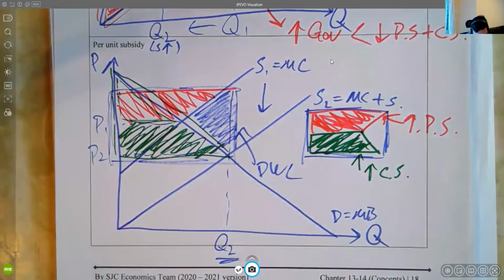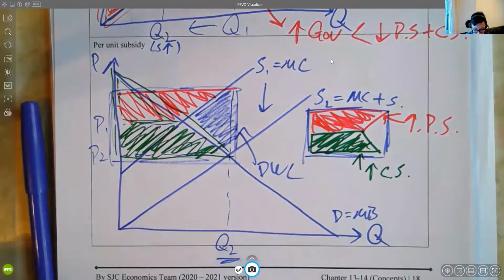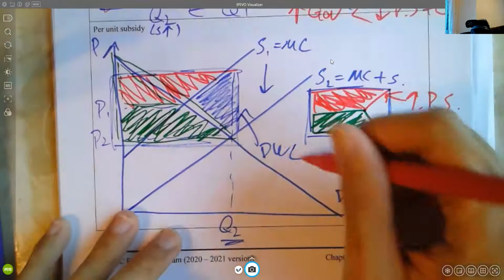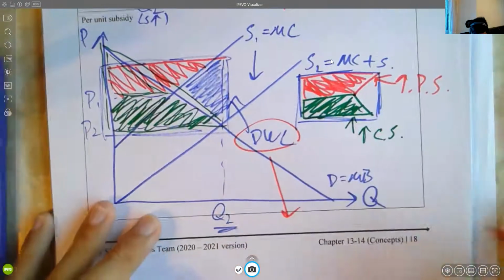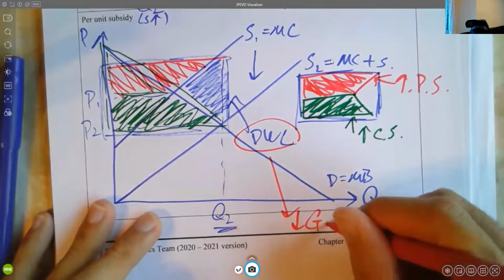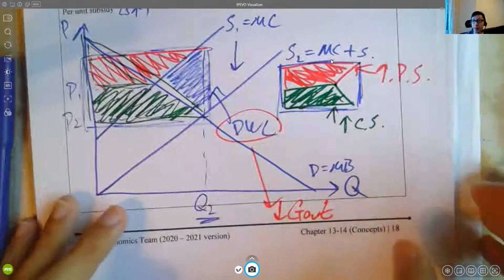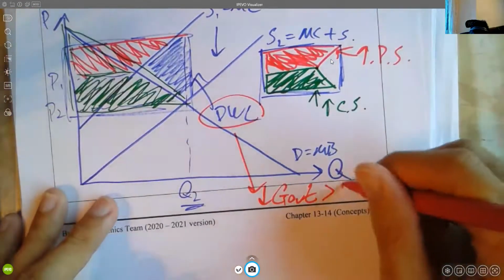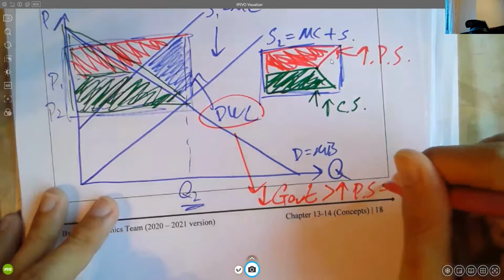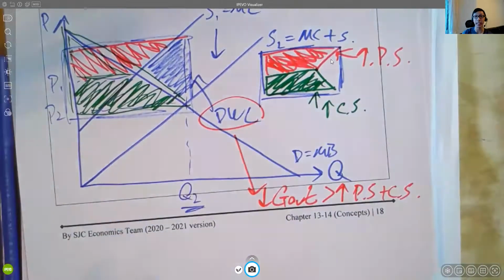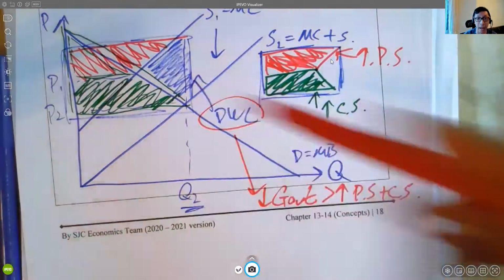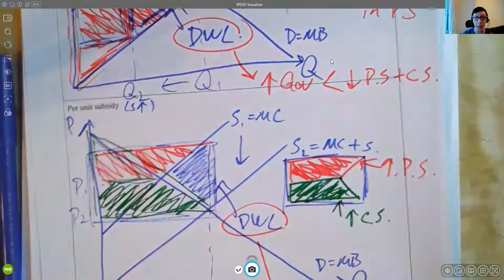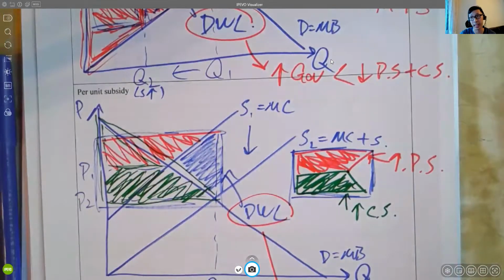In our verbal explanation, how do we explain that? This is because the drop in government revenue is actually bigger than the gain in PS plus CS. Now what you lose is more than what you gain. Okay, is that good? So this is how we explain the deadweight loss due to per unit subsidy.